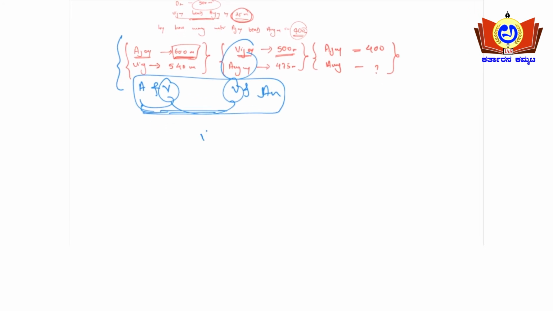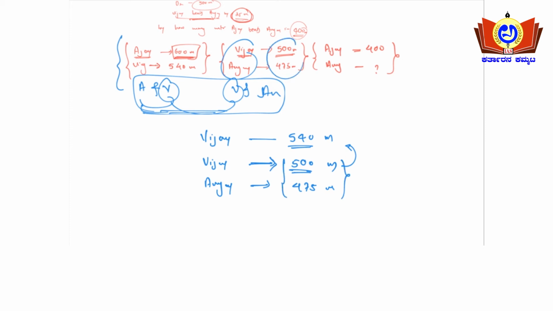See here, Vijay is 540 meters in the first data, and in the second data Vijay is 500 meters. So I need to convert this. When Vijay is traveling 500 meters, Anjay is traveling 475 meters. This I got from here.